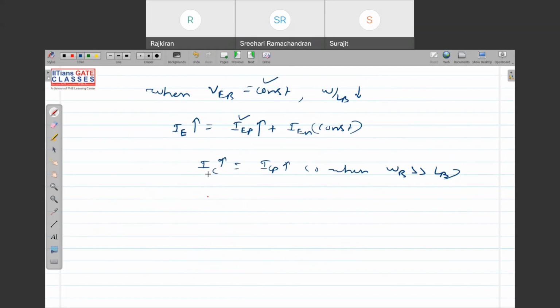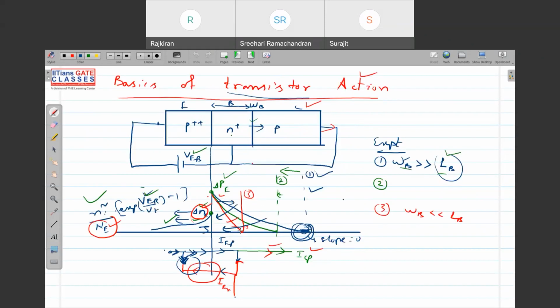Then what is my base current? IB is nothing but IEN plus this recombination current IR.